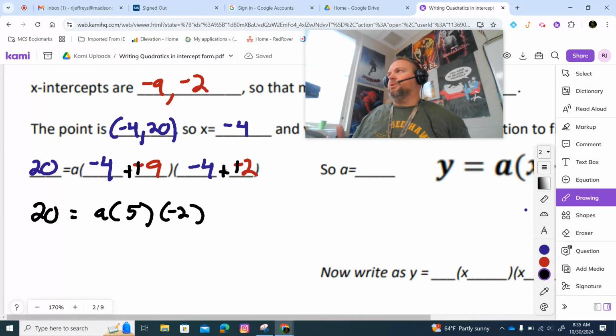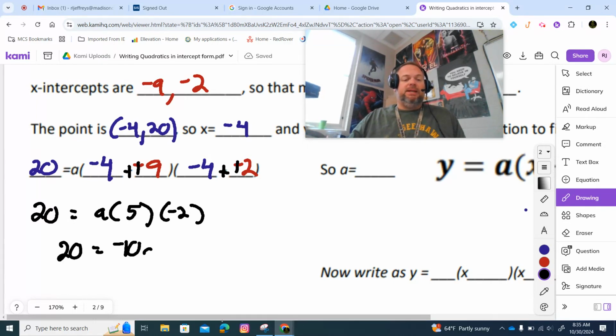Or you could have used your calculator all at once. That would have been a cool thing to use your calculator. Okay, wow. So 20 equals, let's see, this will be negative 10a. All right, this is going to be really difficult.